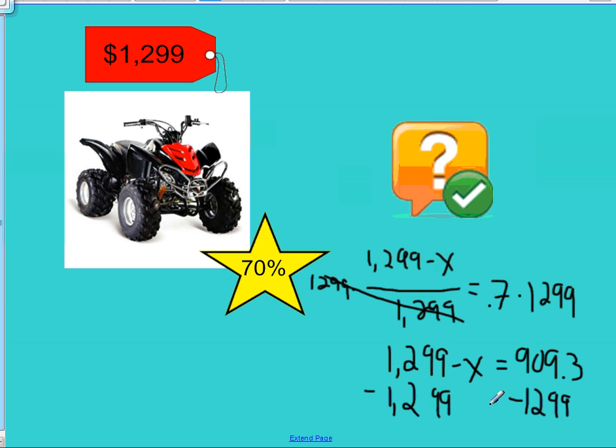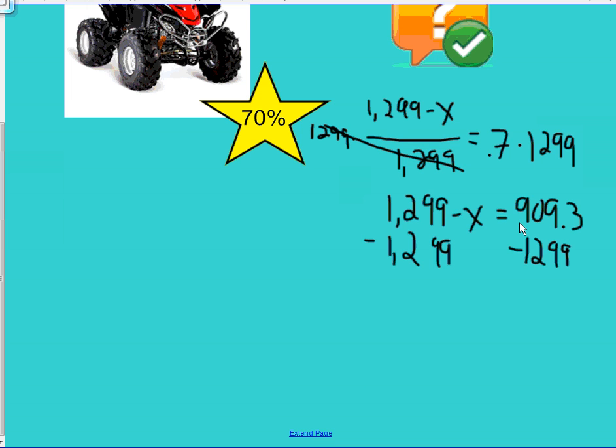Now in this case, you're going to notice one thing: you actually have a problem now that has a negative x, because these go away, so we're left with a negative x equals negative 389.7.